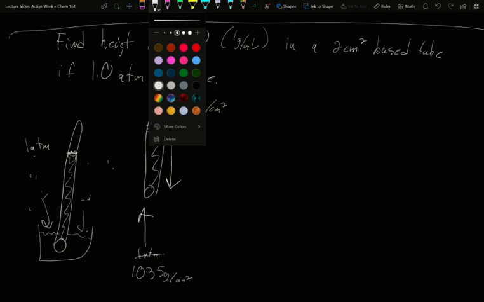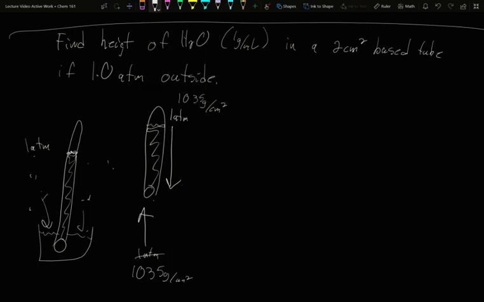Again, our tube, we said, was 2 centimeters squared. So I have some volume that we don't know yet, where the total mass of it, well, I have 2 centimeters squared base, and for every 1 centimeter squared base, I must have 1,035 grams of material. So again, I need 2,070 grams of material.